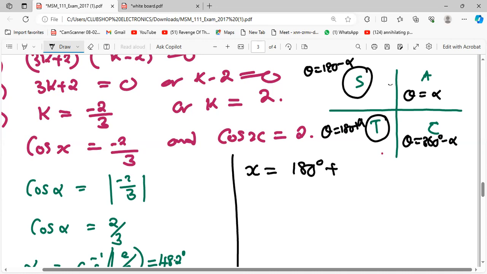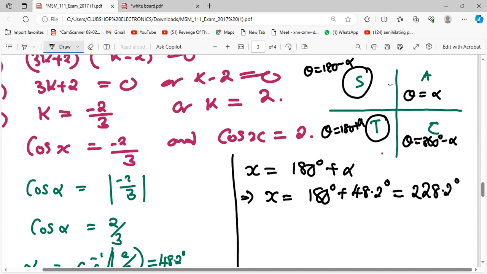So x is 180 plus alpha. And what is our alpha? 48.2 degrees. Then you find 180 plus 48.2, meaning that your x will be 228.2 degrees, value of x.